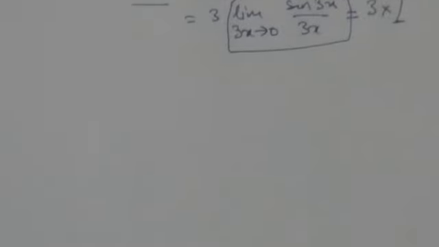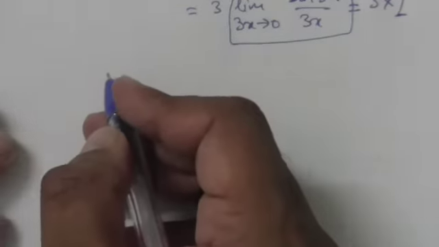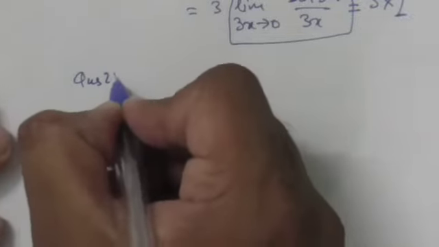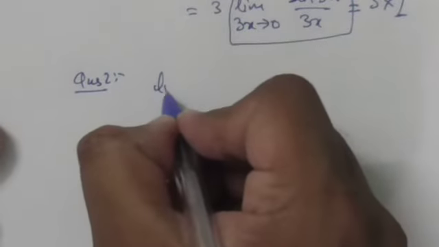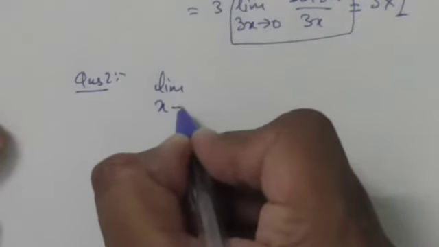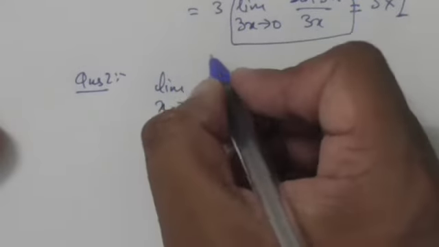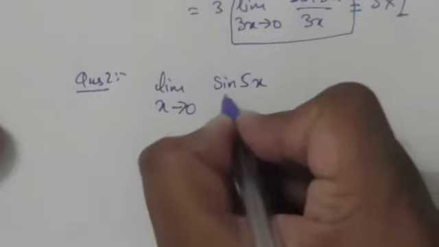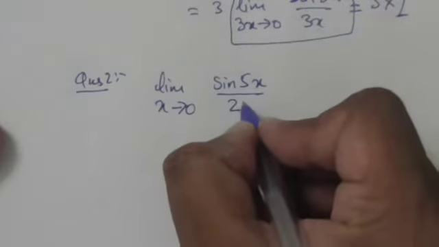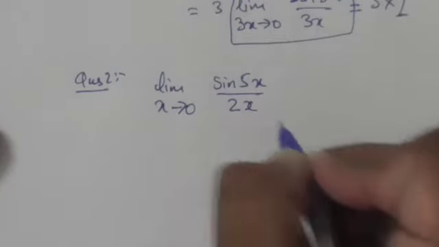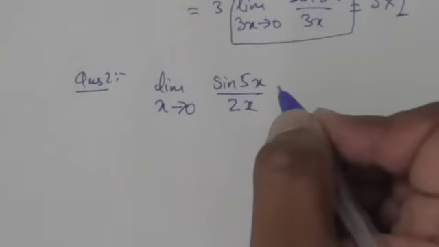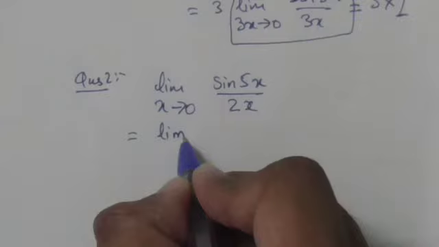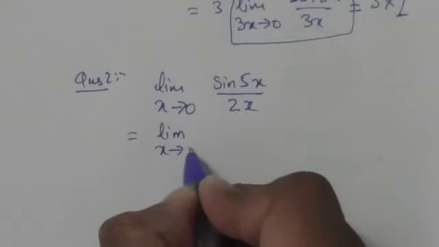Now let us solve another question. This was a very simple question. Now this one also is a very simple one. Limit x tends to 0 sin 5x upon 2x. So in this case what we need to do, we need to multiply both numerator and denominator by 5.